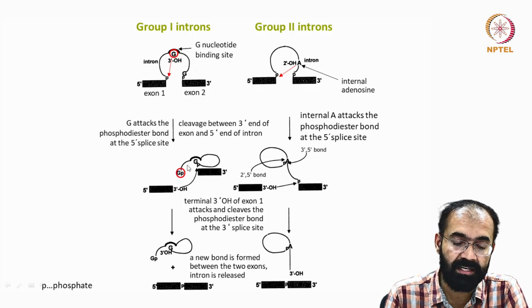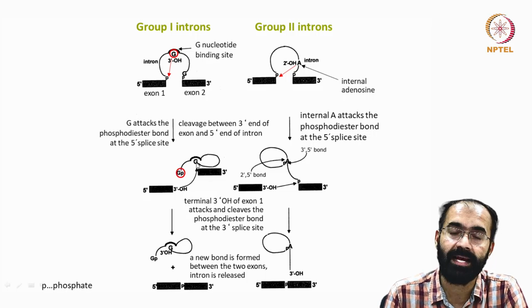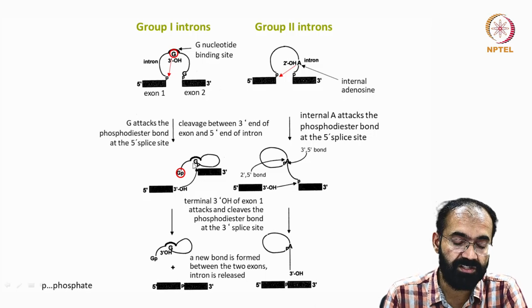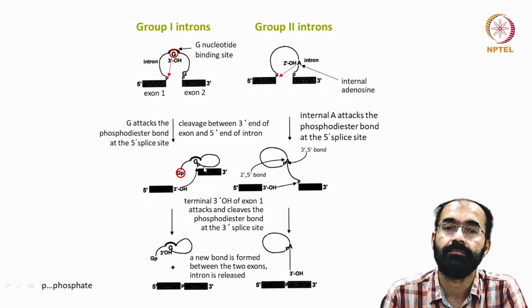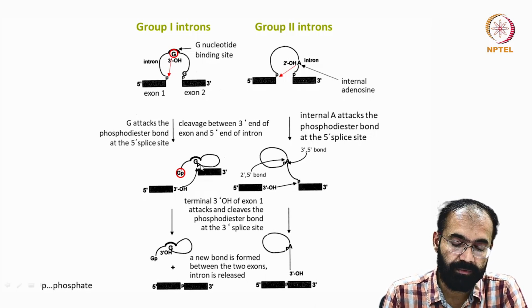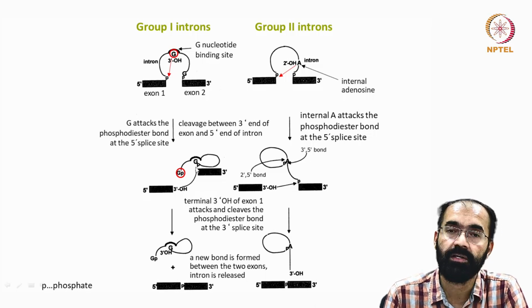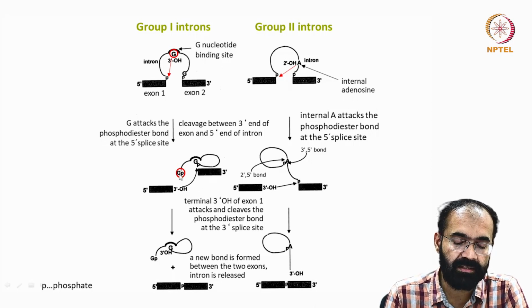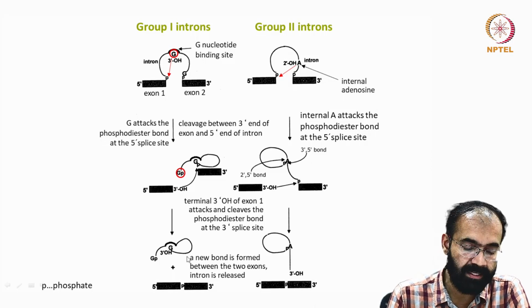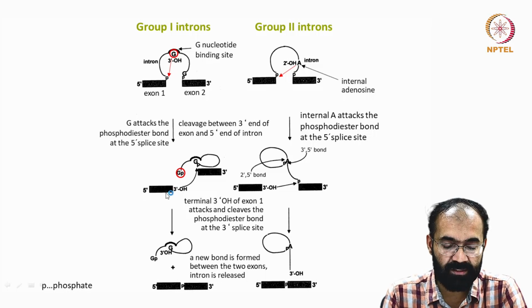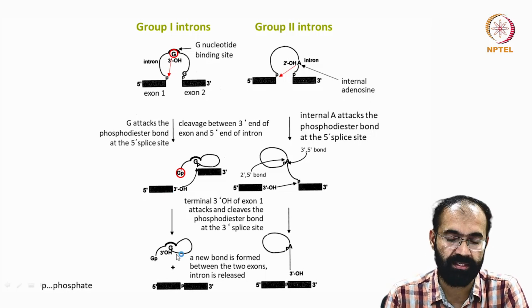The 5' end was released because of the nucleophilic attack from the recruited G, and the second end of the intron is released because of the 3' OH from exon 1, and as a result the intron is released completely and you have exon 1 and exon 2 fused together.